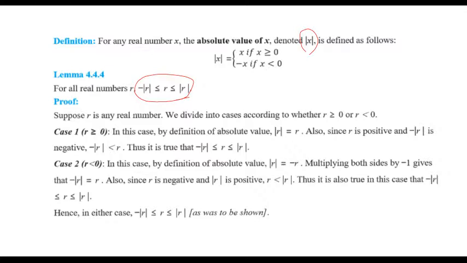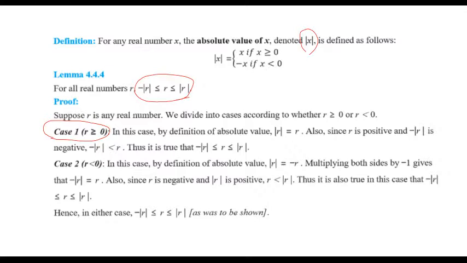The first case is that we assume R is non-negative, R is greater than or equal to 0. In this case, based on the definition of absolute value, the absolute value of R is equal to R, right?